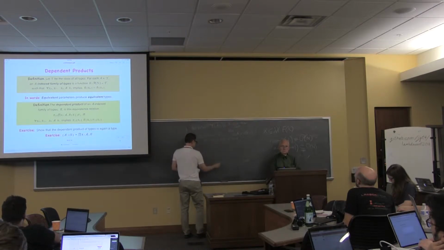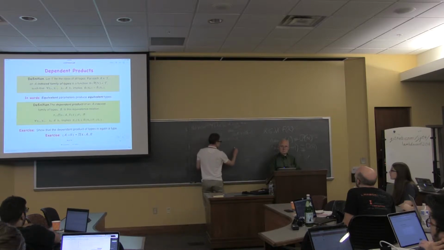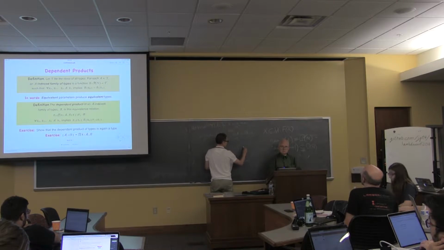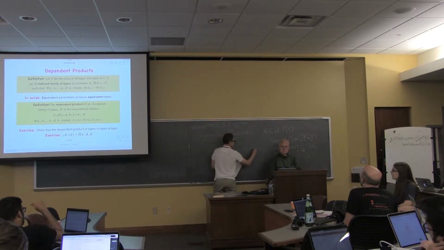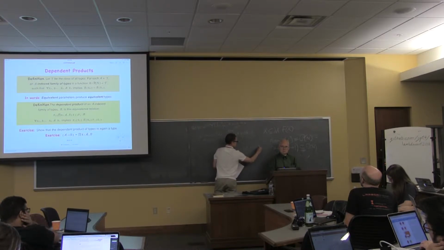So now let's ask, what does one of these pi types look like? And what would be a lambda term that has one of these types? So let's talk about pi of n : Nat, and then Nat vector of n.